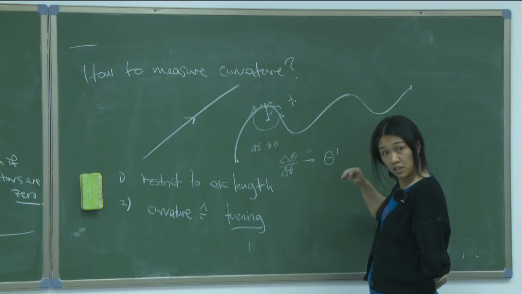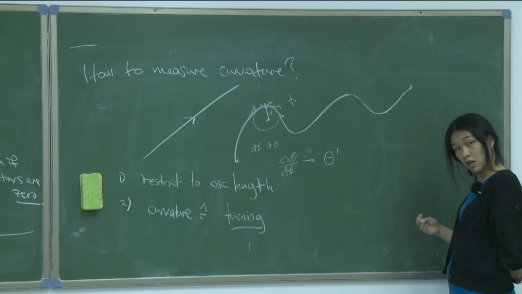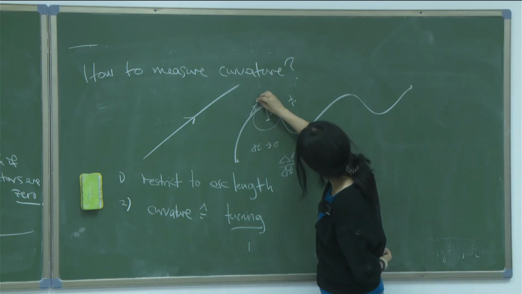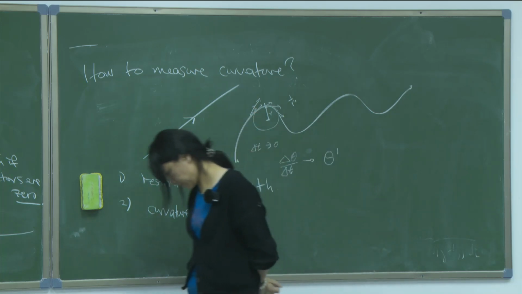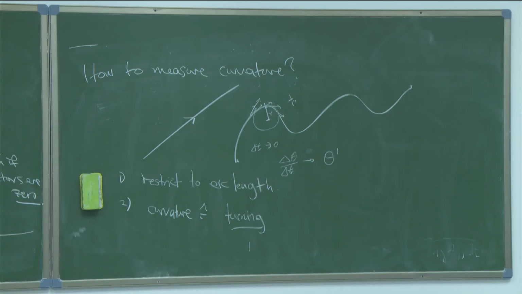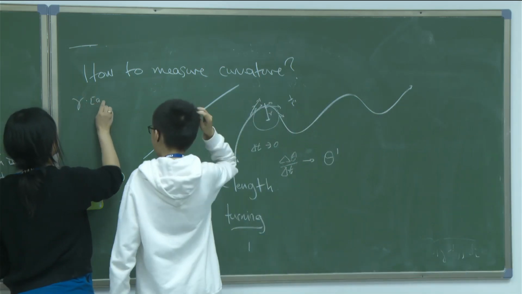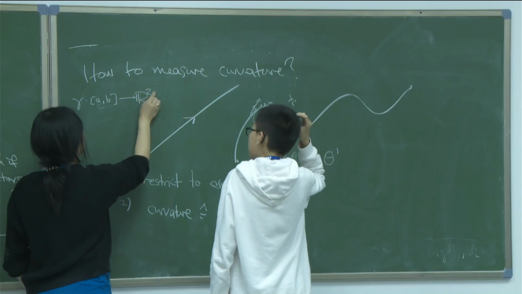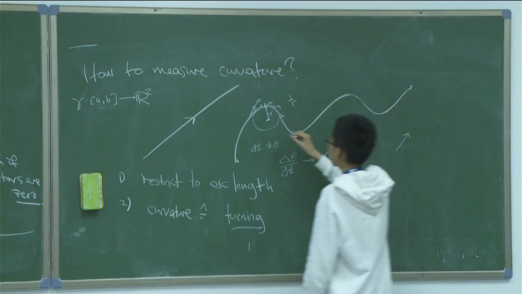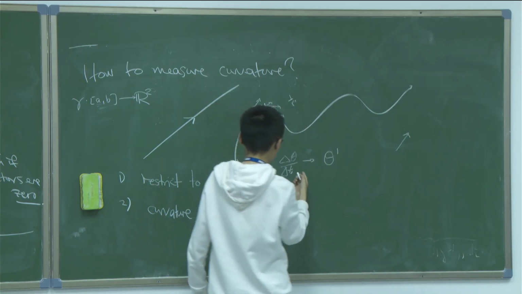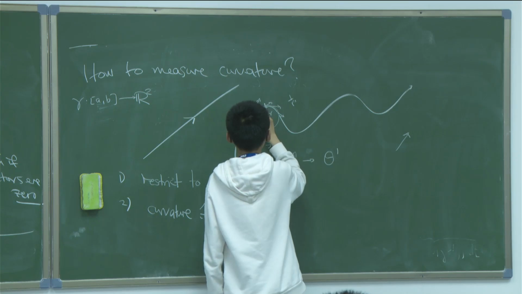So now what is theta? What is this vector? What we have is gamma, and for this are two points, maybe A and A plus delta t.